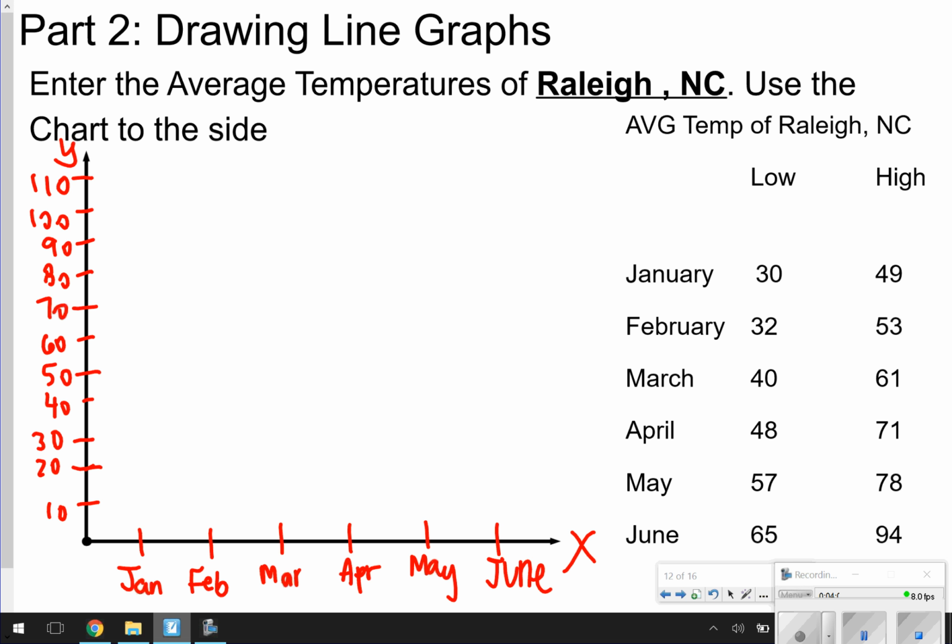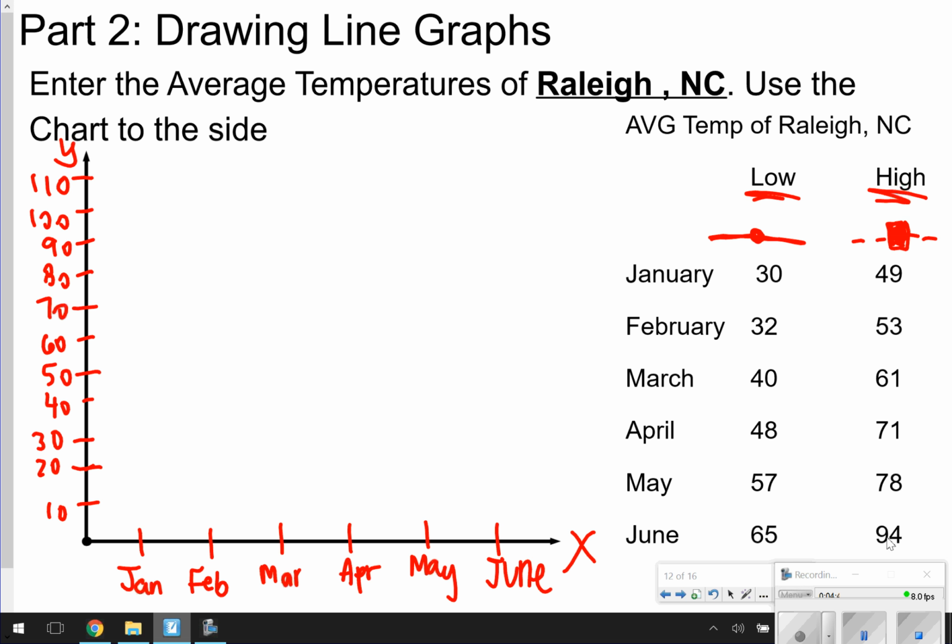It is very important that the axes that you choose have even intervals. The other thing you need to keep in mind is there is low temperature and there's also a section for high temperature. So what probably will need to happen is the low temperature will be shown with a normal line and the high temperature will be shown with a dotted line, or maybe even using a colored-in square instead of a dot.